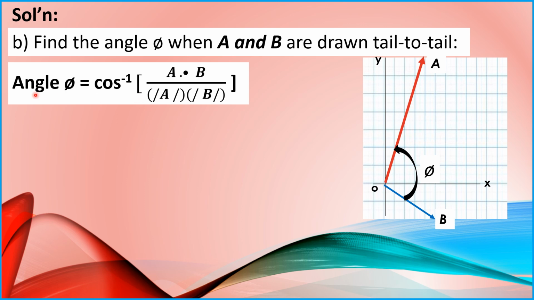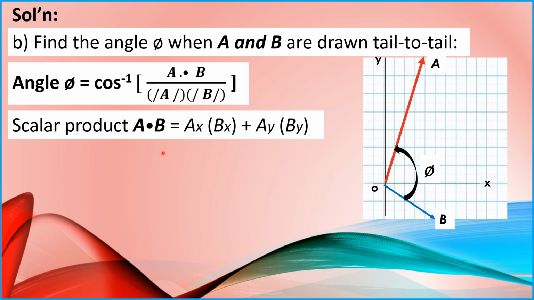So using this formula, we're going to determine that angle phi. It is the angle between the two vectors, labeled here as the Greek letter phi.